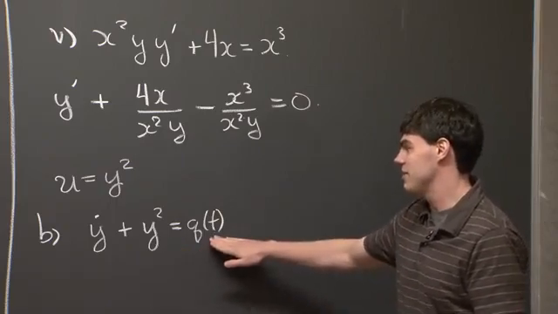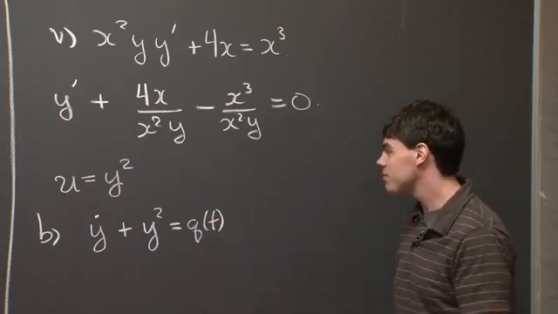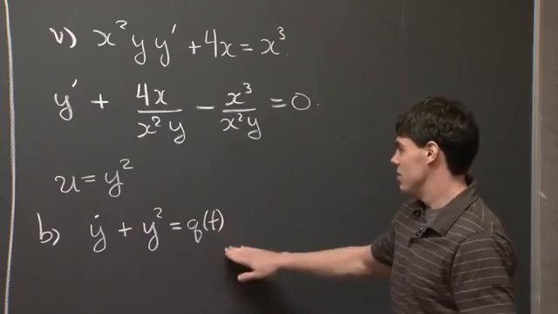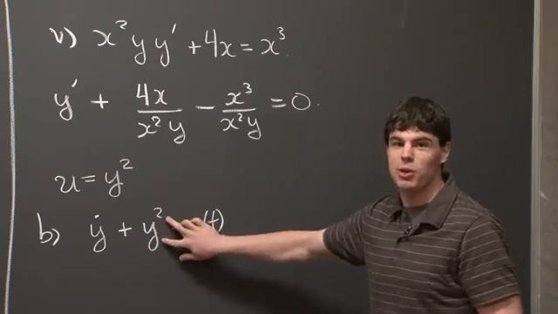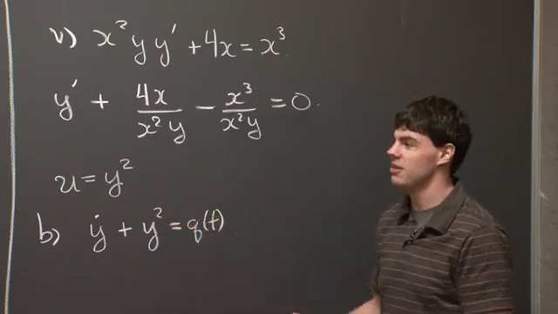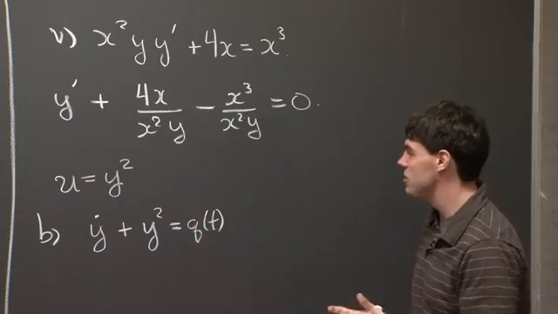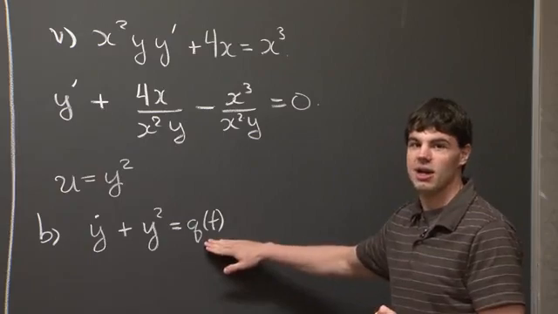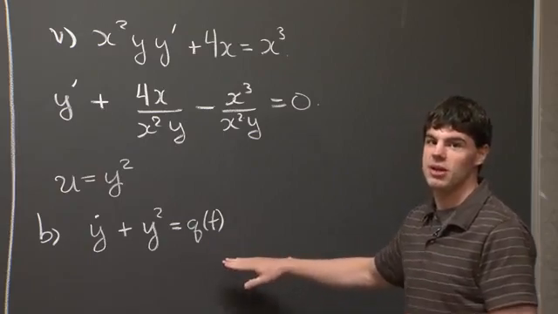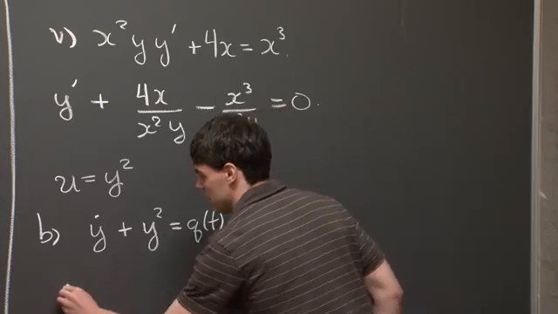And second of all, we know that linear equations satisfy the superposition principle. So we need to exploit the fact that it's a nonlinear equation to make it fail the superposition principle. And just as an example, what we can do is I can just pick a couple right-hand sides q as examples of this ODE.